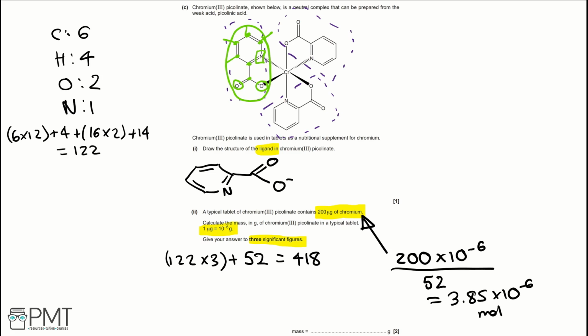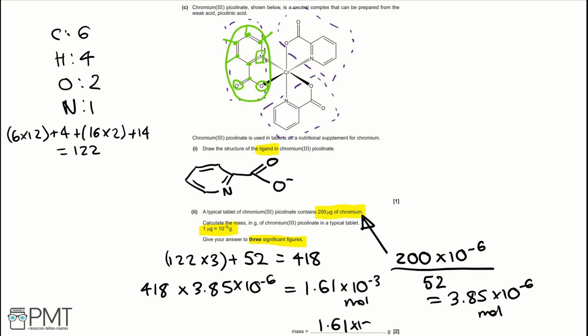And we can then take the 418 and multiply by 3.85 times 10 to the negative 6. And that gives us 1.61 times 10 to the negative 3, if we were to write our answer to 3 significant figures, which is what the question is asking. So 1.61 times 10 to the negative 3.